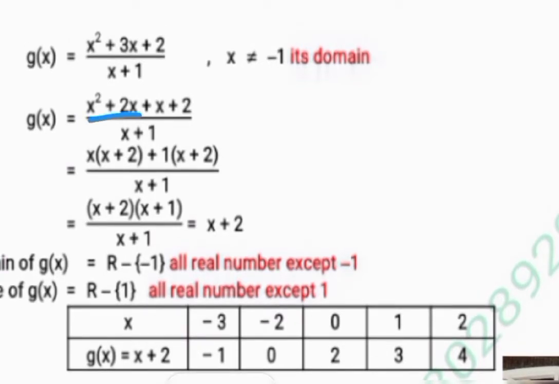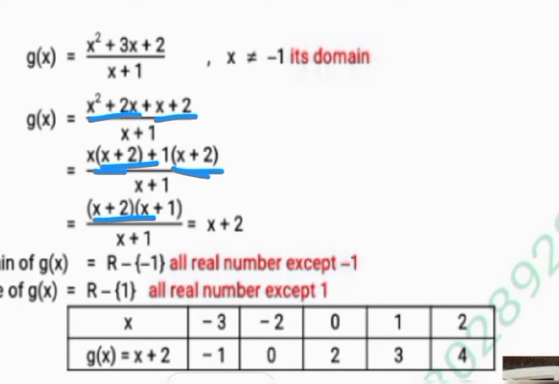If we take x common from the first two terms, it will be x into x plus 2. If we take 1 common, it will be 1 into x plus 2. Here x plus 2 is common.